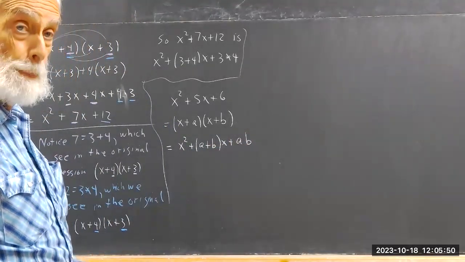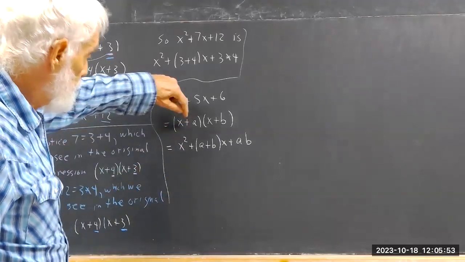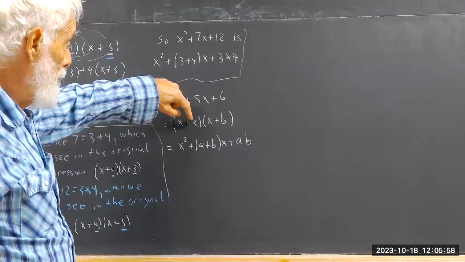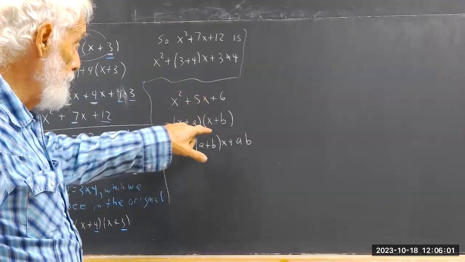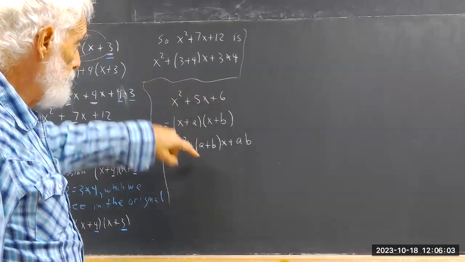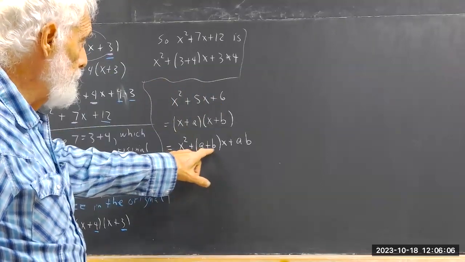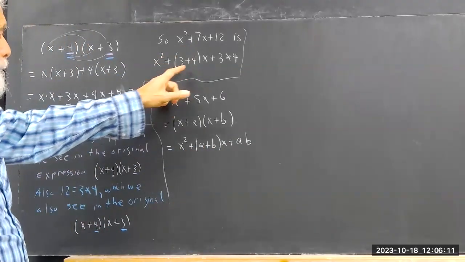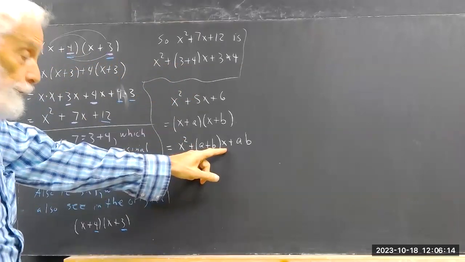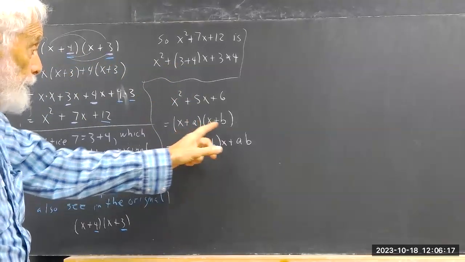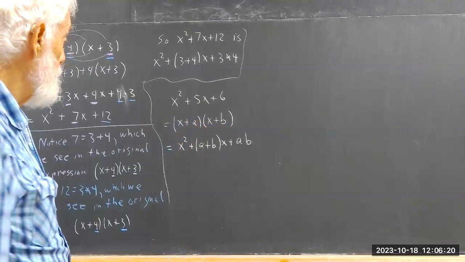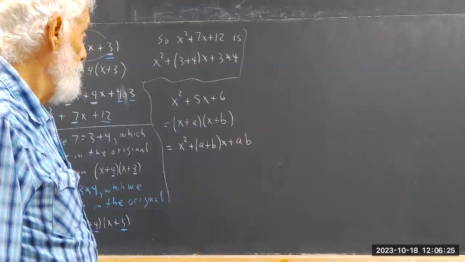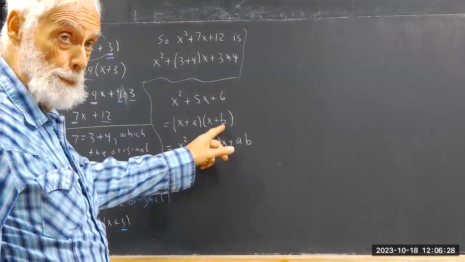And if we multiply this out using the distributive law, we're going to see that x is going to multiply x to give us x squared. a is going to multiply x to give us a times x. And b is going to multiply x to give us b times x. So we're going to get a plus b times x, same as our 7x came from adding the 3 and the 4. Whatever's in front of the x comes from adding this number to this number. Similarly, this last number is just a times b. And that's what we get when we multiply these two numbers.